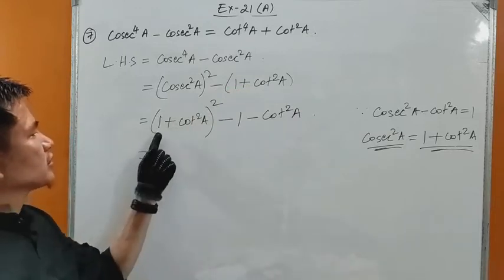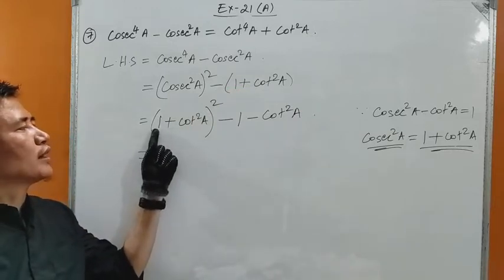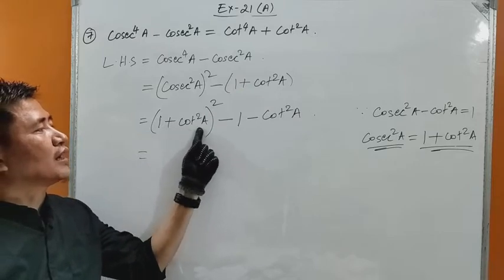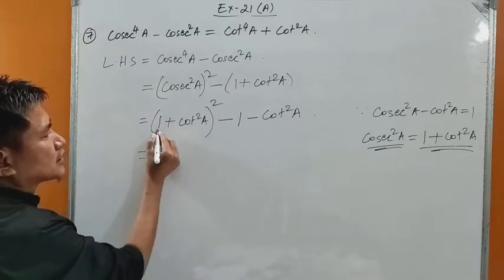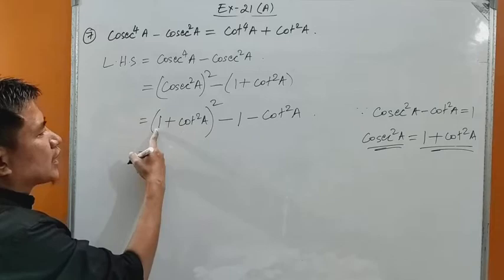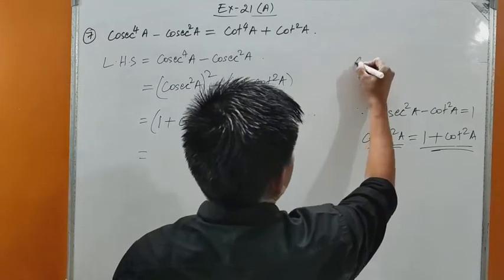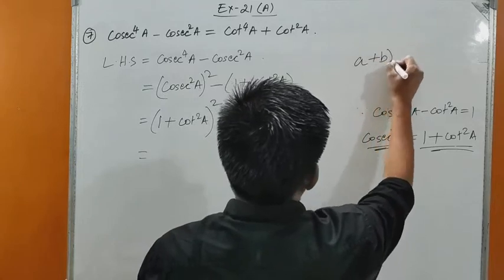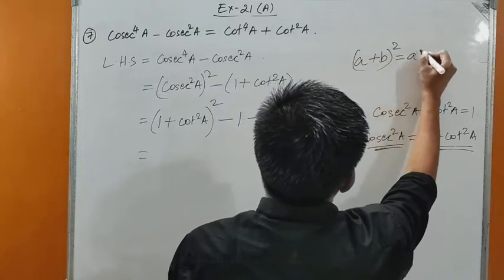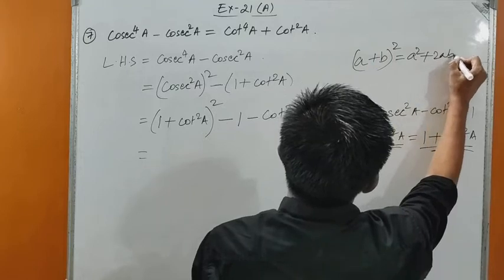Now let us assume this one as a and cot square a as b, okay? This one is a and this is b. So a plus b whole square, we know the formula, isn't it? Everybody knows this. A plus b whole square equals to a square plus 2ab plus b square.